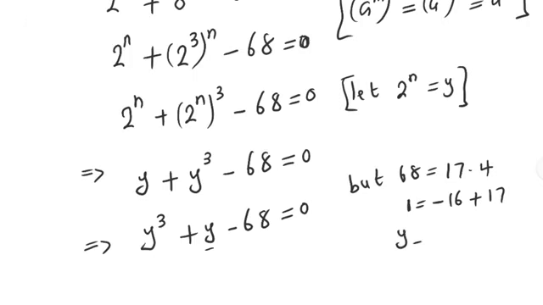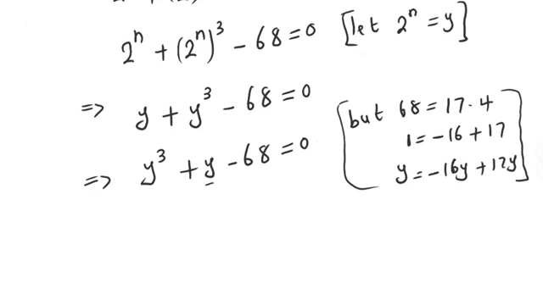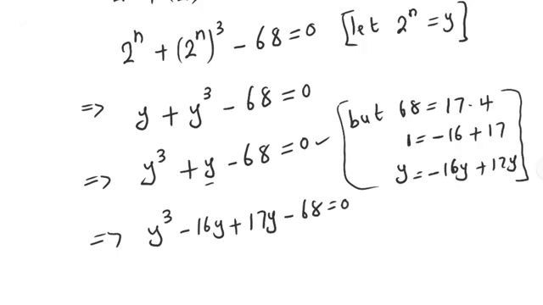So y will be equal to minus 16y plus 17y. Then this can be written as y raised to power 3 minus 16y plus 17y minus 68 is equal to 0.